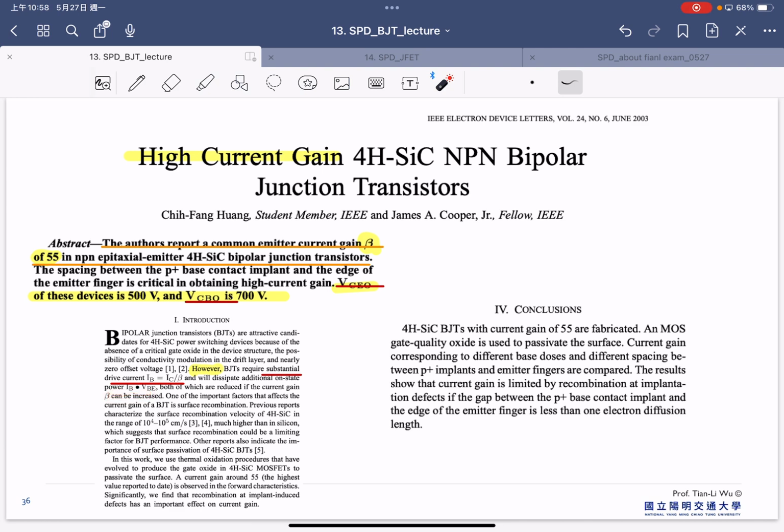So as you see here, the purpose is that the BJT should have a good beta, and also one of the things shown here is that the current gain will be reduced. The key term here is still current gain. As I said, the purpose of this work is all related to the current gain, and the rest of the part is detail we will not go through.